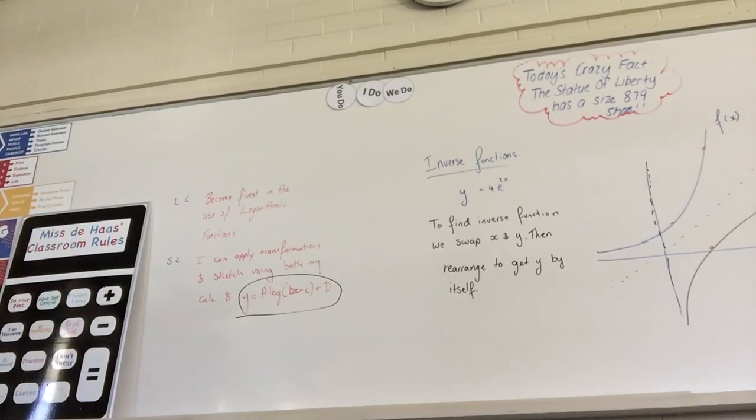Most questions won't have a B in there. I debated whether to give you a B value or not, but I thought, if I give you a B value, you can always use it if it's there, and if it's not, not. Cool. So the horizontal translation is negative C over B. Negative C over B, just like the trigonometric ones.